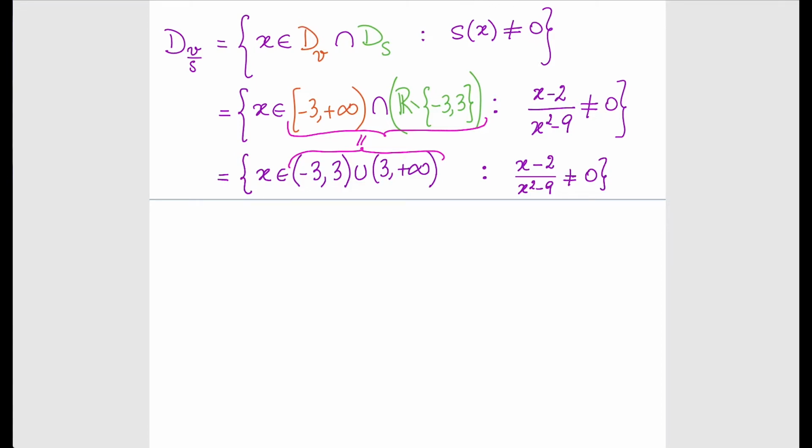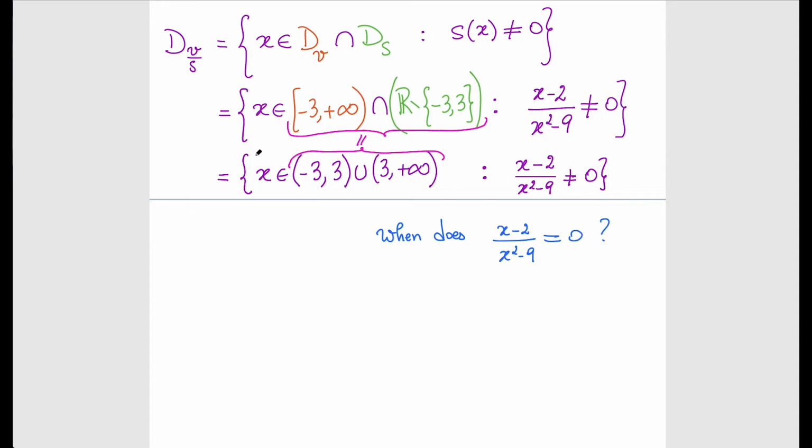Alright, so how about now we understand when this happens? When does the quotient x minus 2 over x squared minus 9 equal 0? So I want to understand when this quotient actually matches 0. Okay? So don't forget what we're doing. We're finding the domain of the quotient function v over s.